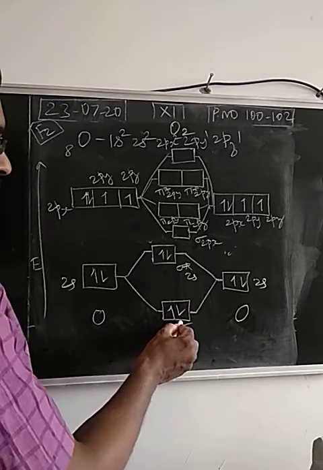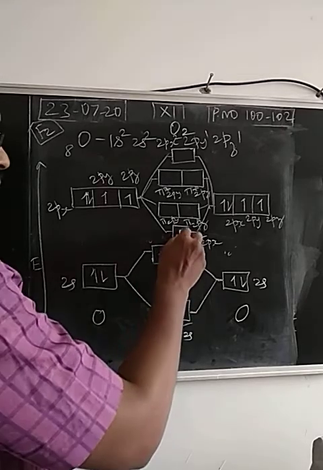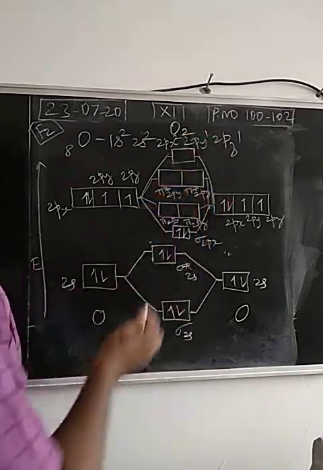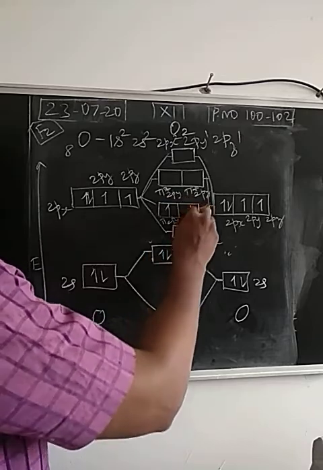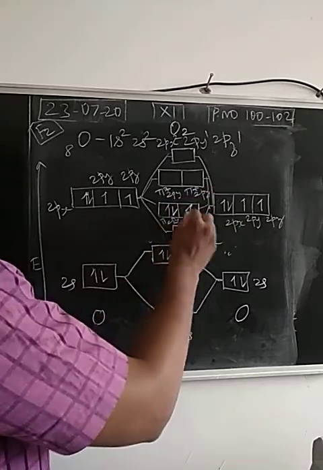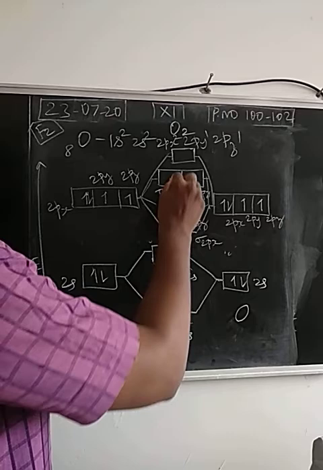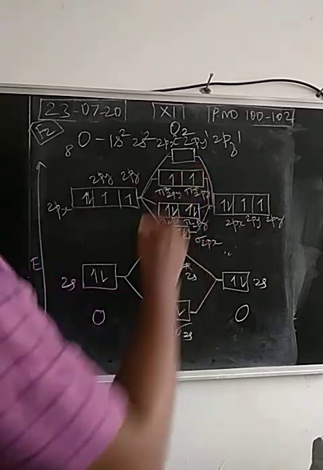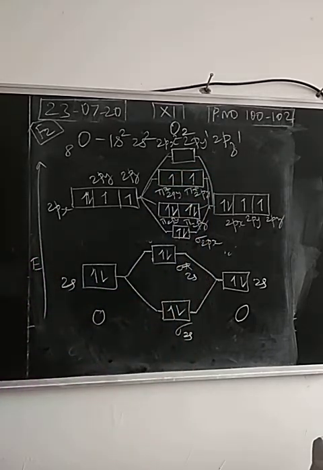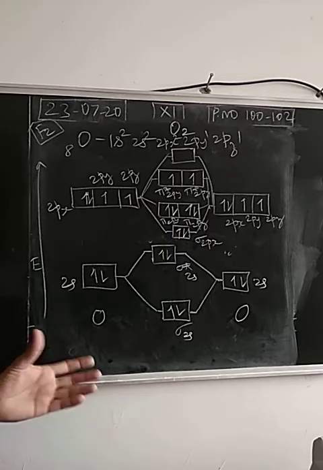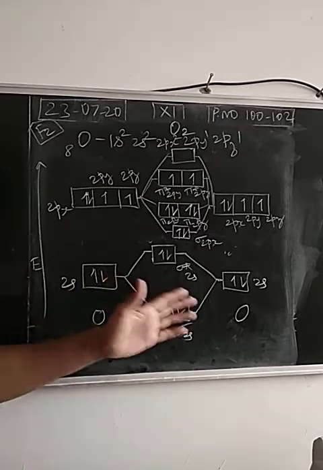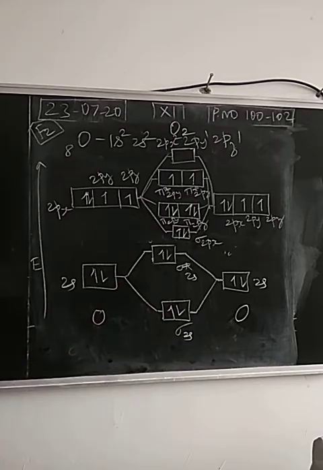First electron, second electron, third electron, fourth electron, fifth electron, sixth electron, seventh electron, eighth electron, ninth electron, 10th electron, 11th electron, 12th electron. So this is the placement of electrons in the bonding as well as anti-bonding molecular orbitals. Totally 12 electrons when we consider the outermost shells of the oxygen atoms.